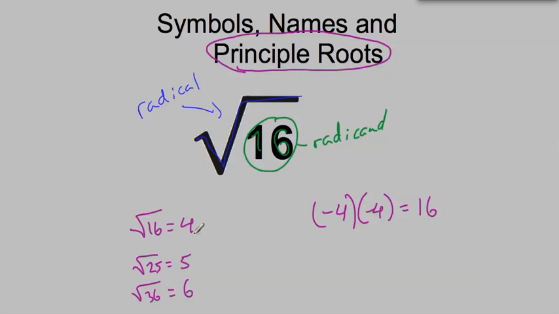It is the positive version only. Now it is possible to get a negative value. If I wanted the negative root, I would put negative square root of 9 equals negative 3, but I would have to put the negative out in front. If I don't put the negative in front of the radical, it's always going to be a positive result, okay? Principal roots just means the positive root, folks.